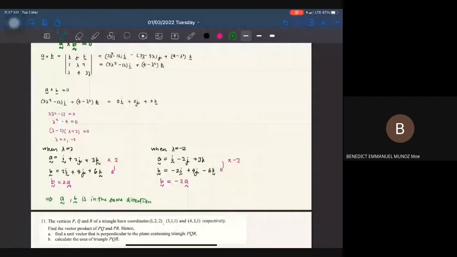Because it is positive over here. Okay. So when lambda is negative 2, A and B are in opposite direction. Okay, so why is that? Because it is negative over here. That's all.